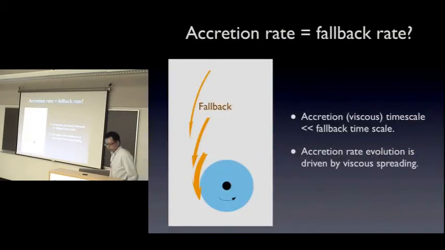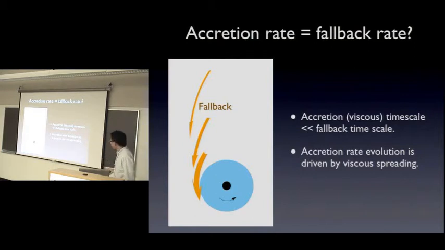Okay, so in the tidal disruption event, what we know is the fallback rate, but I want to know how the accretion rate should evolve with time. So the question would be, is the accretion rate tracking the fallback rate very accurately? In the past, the answer from people was simply yes.